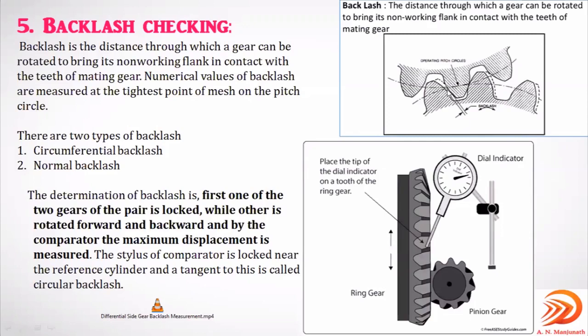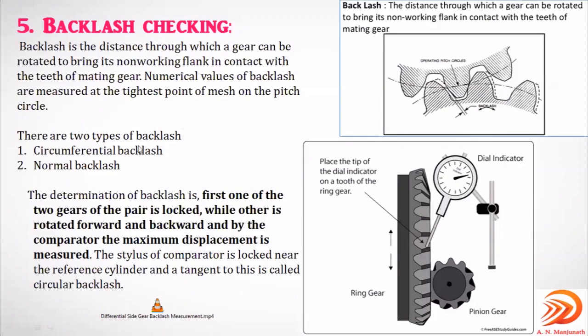We can consider it as a little bit of gap where the tooth will not come in contact. That gap is considered as the backlash. Practically, some backlash should be there so that you can have relative movement. If there is no backlash at all, then it will be fixed. It won't be able to rotate with respect to the other gear element.